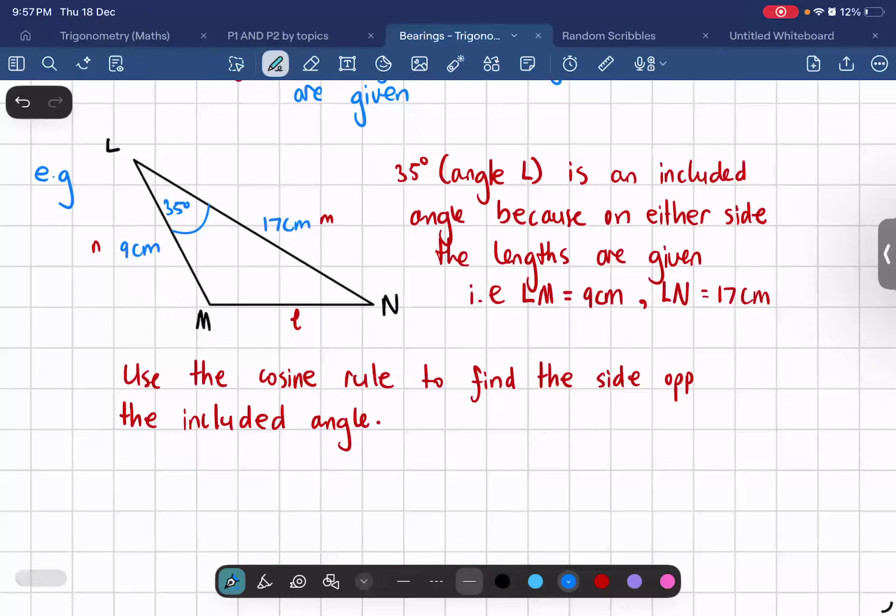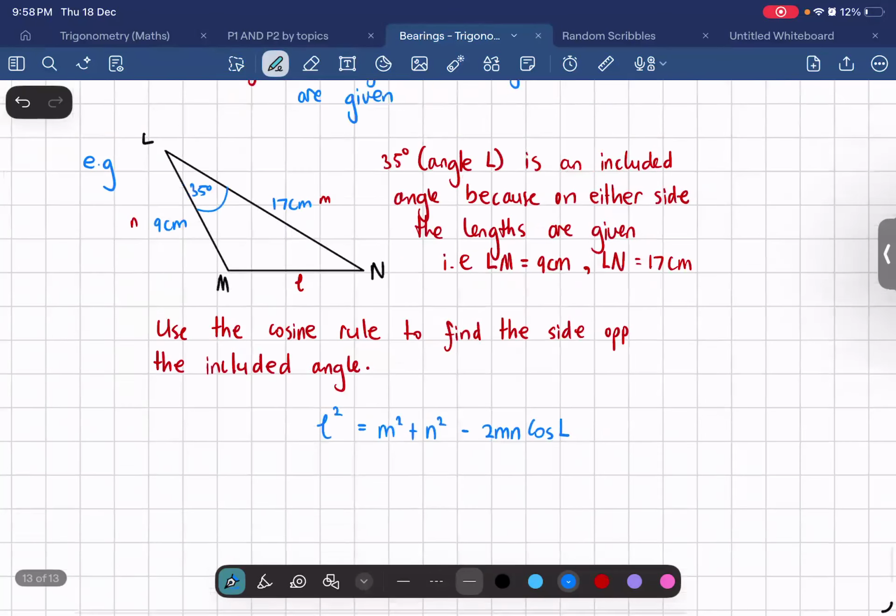Give it your best shot. l squared is equal to m squared plus n squared minus 2mn cos L, capital L. Right. That's the general structure.